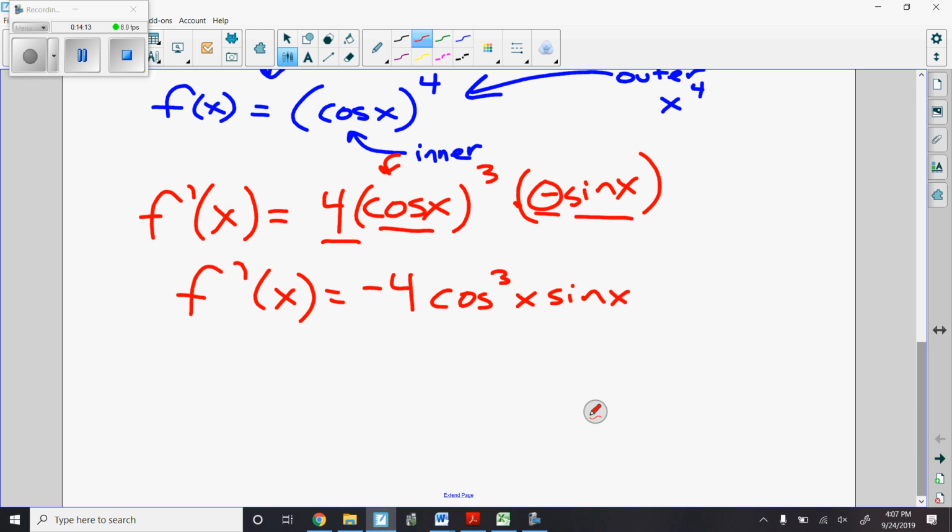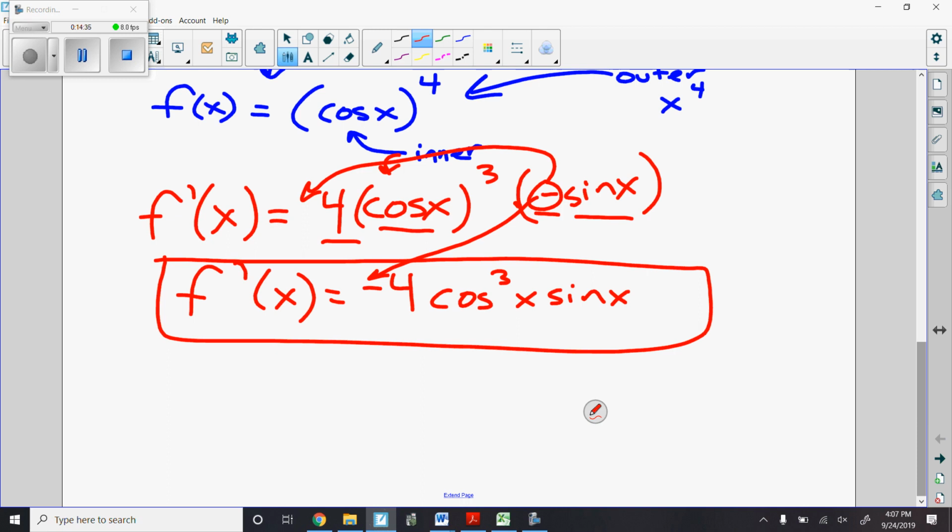Remember, this negative was thrown out front. It's right here. So this would most likely be written as -4 cosine cubed x sine x. Okay? So that's our nice, simplified, concise way of writing the derivative there.